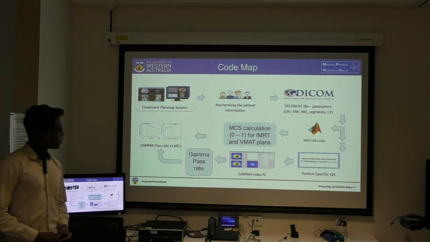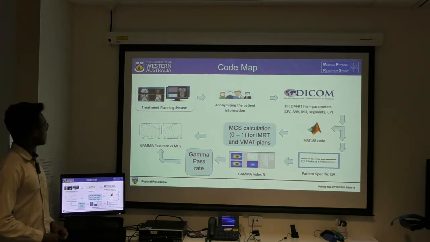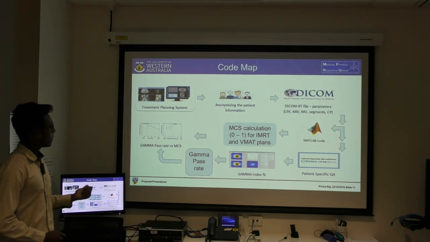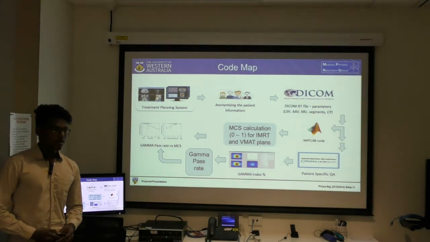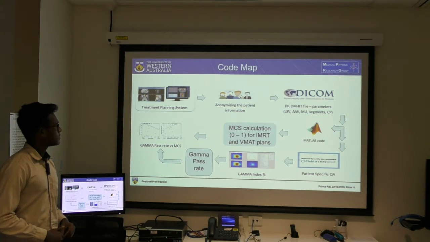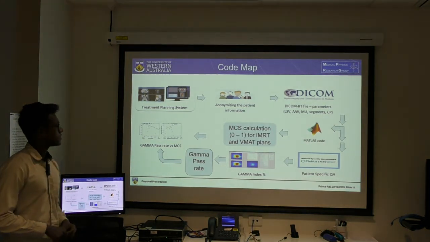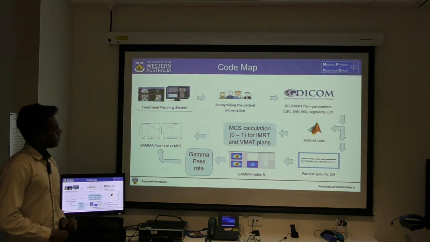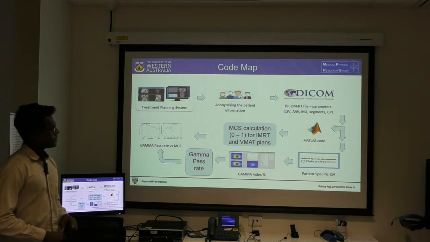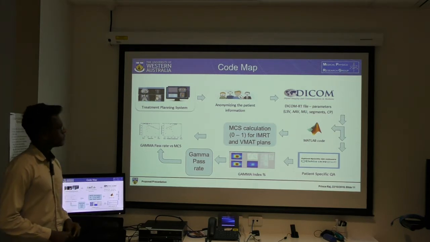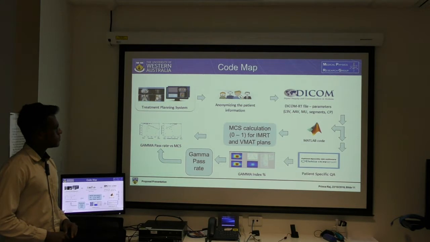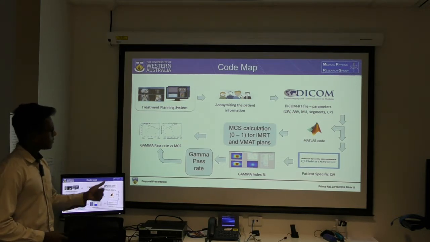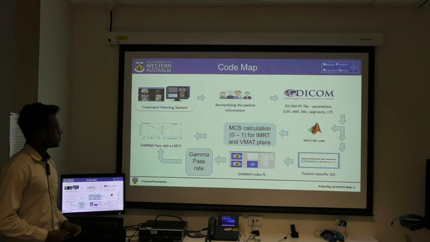So the code map as I have it in mind is about the treatment planning system: how to take the parameters from the TPS and anonymize the patient information, and then from those data I have to recover LSV, AAV, and the others using the formulas I have talked about before, and implement it in MATLAB as code, which will create a modulation complexity score.